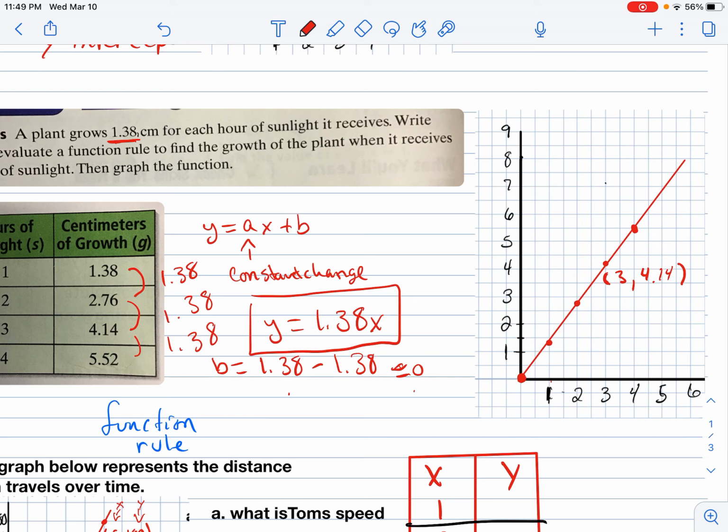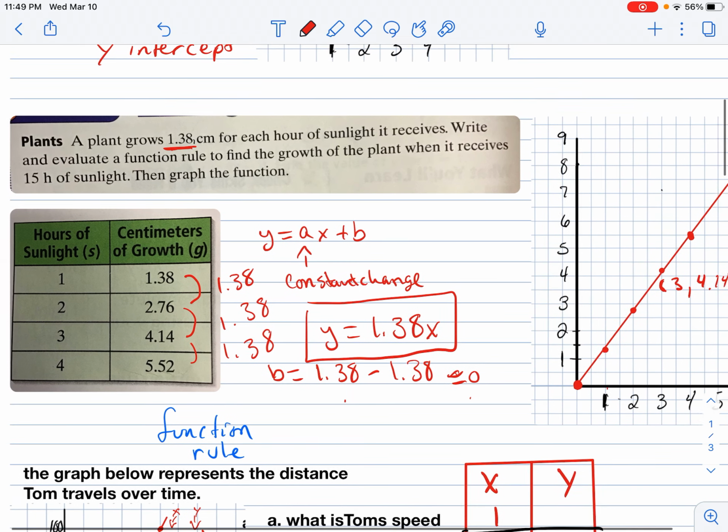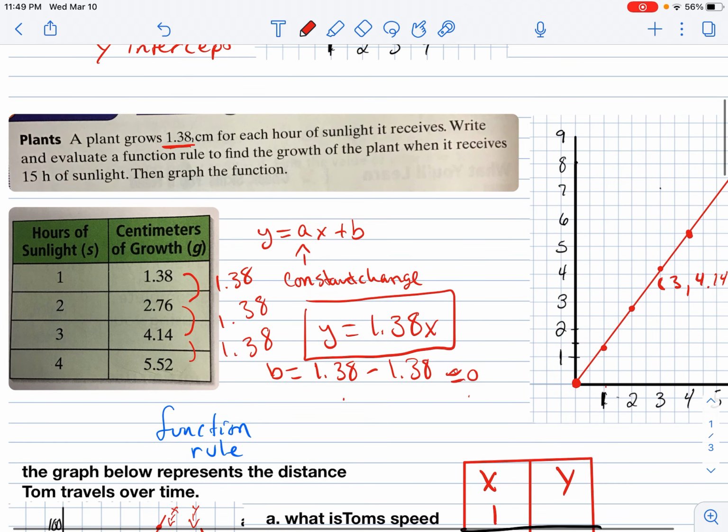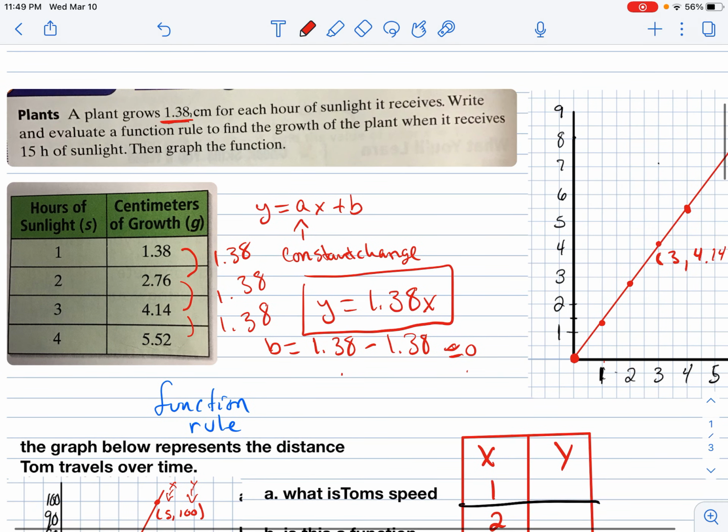Okay, so there we've found our function rule. We've graphed it. Now the last thing it wanted us to do is, what is the height going to be at 15 hours? So for that, on a graph, you could use the graph. I'm just going to plug in 15 for my x in my equation. So y equals 1.38 times 15.